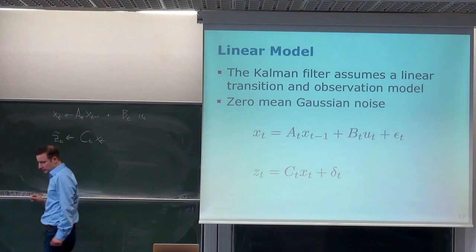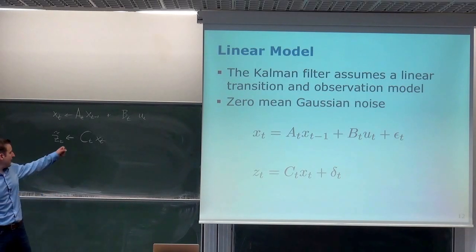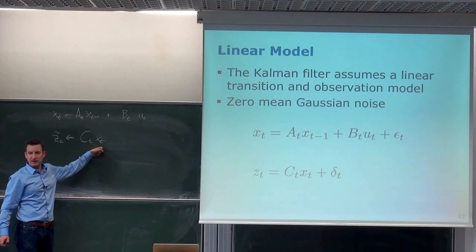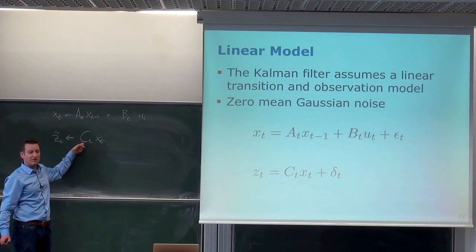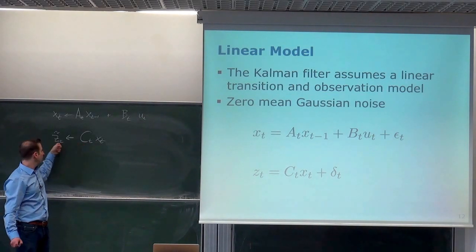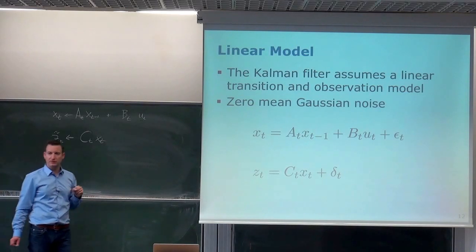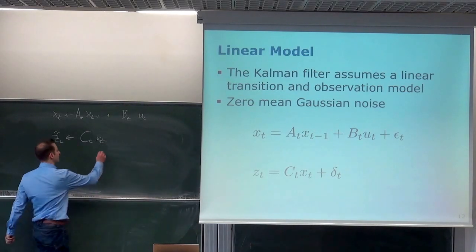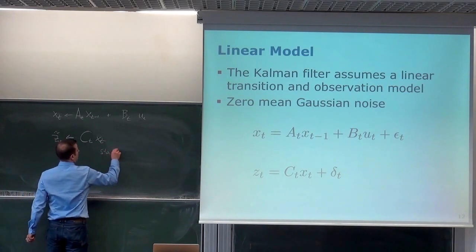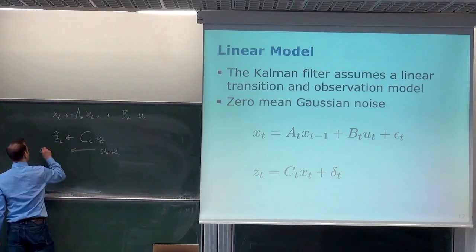What does this mean? This is a mapping from my state space through some magic matrix C into the space of observations. So from state to observation.